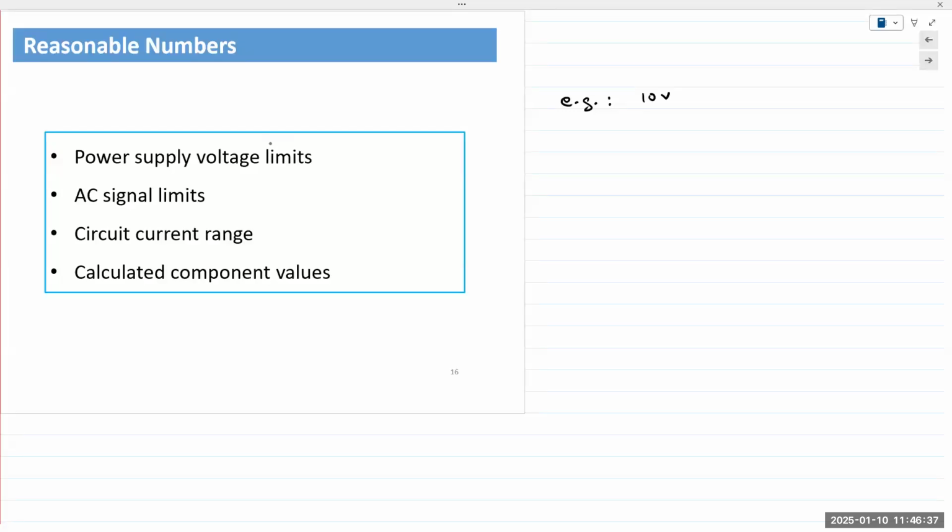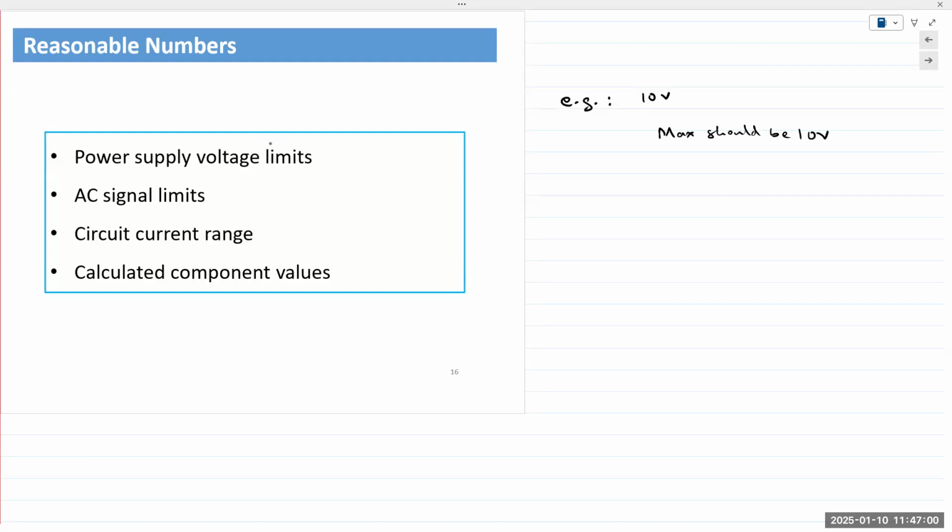That's not reasonable, right? Again, energy cannot come from thin air. So if a circuit has 10 volts, the max value you should obtain in there should be 10 volts. Cannot be more than that. So if a number seems unreasonable like that, you need to keep a lookout for that. Otherwise, there's an error in your calculation somewhere.